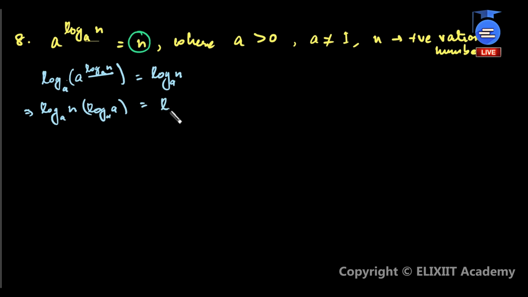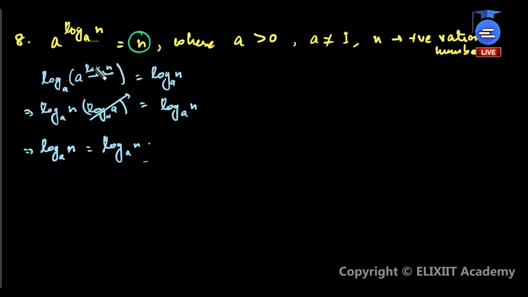The right side remains log n base a. Now log a base a becomes 1 by the property. So we have log n base a equals log n base a. So you can see that this relation is true and holds.